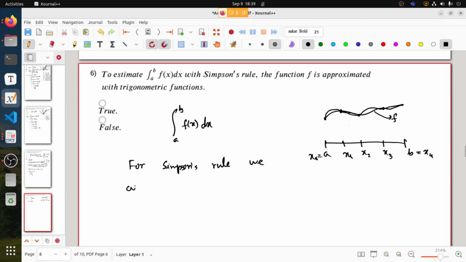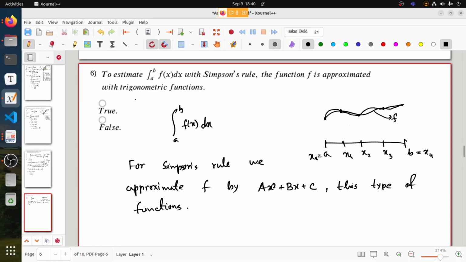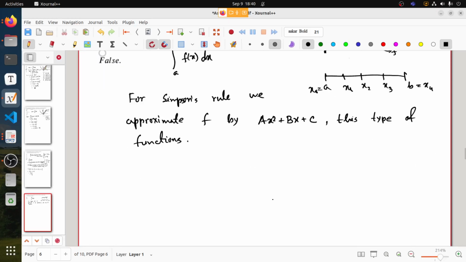We approximate f by this type of function. Quadratic functions means ax square plus bx plus c, this type of function. And what are trigonometric functions? Trigonometric functions are in terms of sine and cos.